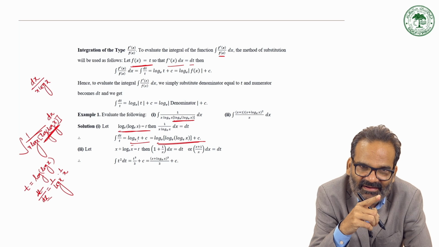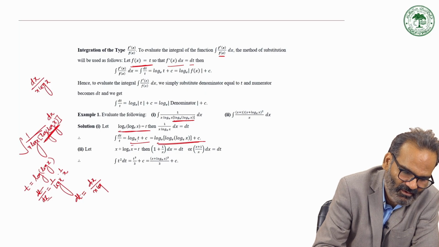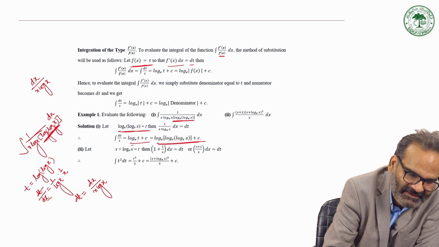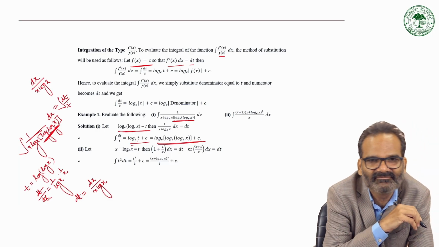What do we want to calculate? See, dx upon x log x. So from here, dt is equal to dx upon x log x, right? See, this is t and dx upon x log x is dt. So the expression is transformed into dt upon t.